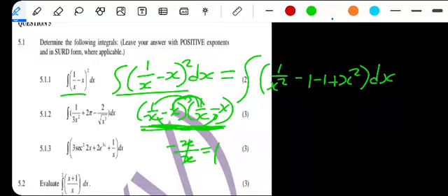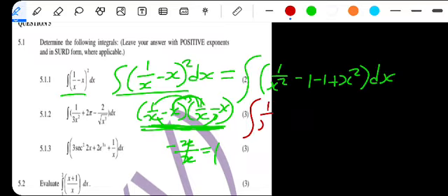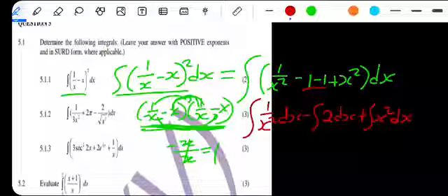Now you can take the integral. This is the same as the integral of 1 over x squared dx minus 2, the integral, I can take the negative outside, of 2 dx plus the integral of x squared dx. So this is simply like that.